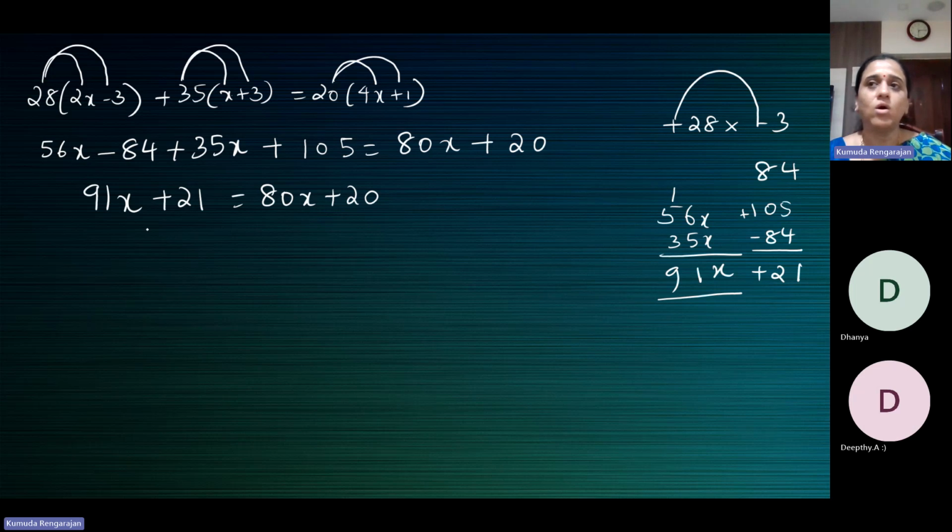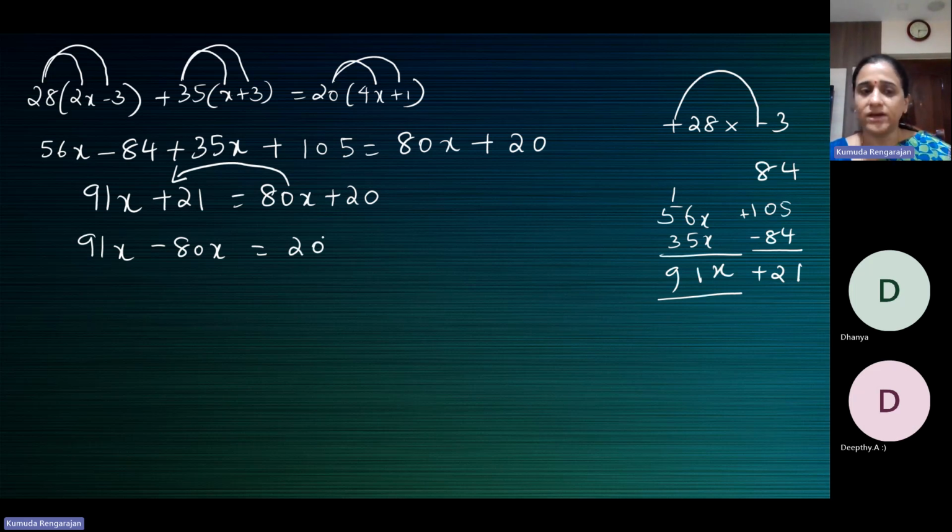Now, on the left-hand side, we have two terms, one x term and one constant. And on the right-hand side also, we have one x term and one constant. We are solving for x, which means we need to have all x terms on one side and the numbers on the other side. So 91x, you'll have to transpose 80x. 80x comes to the other side as minus 80x is equal to 20, which is already there on the right-hand side.